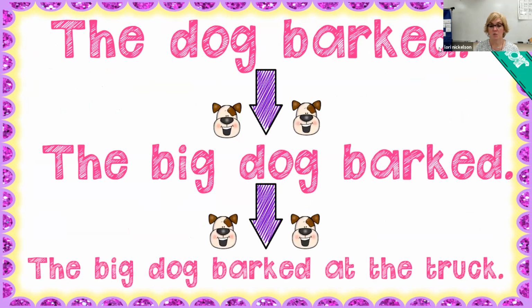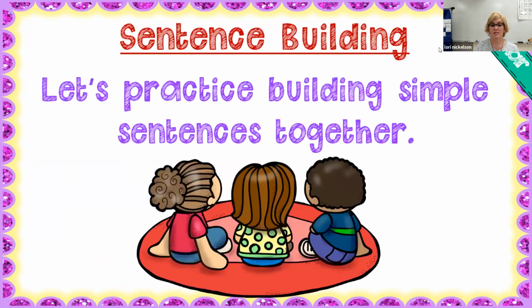So we went from the dog barked to the big dog barked, and even bigger by adding a preposition and an adjective: the big dog barked at the truck. Big is the adjective to describe dog. At the truck is the preposition about where he barked. So sentence building, let's practice building some simple sentences together.